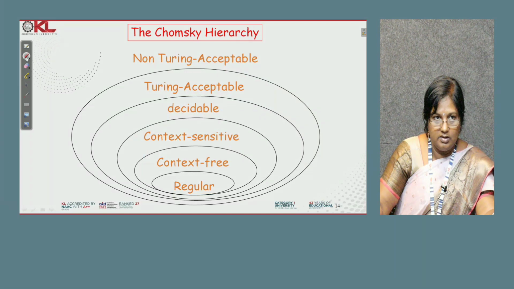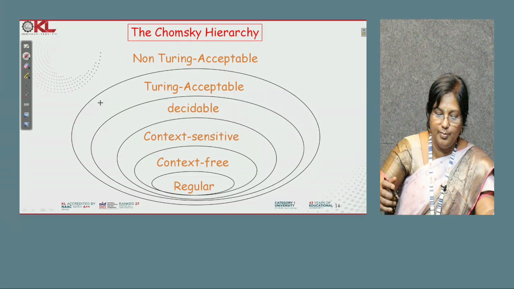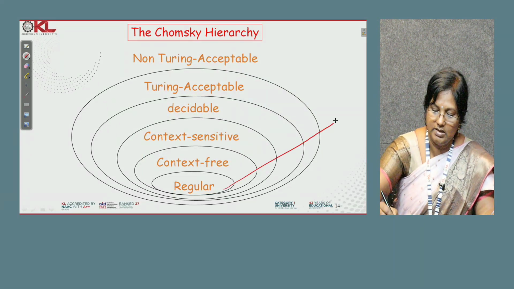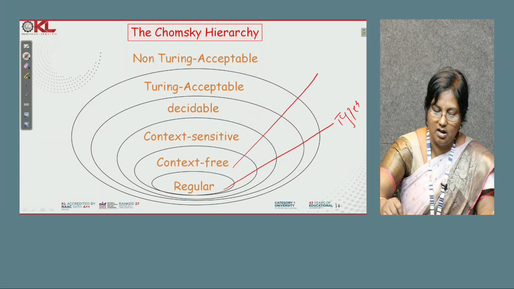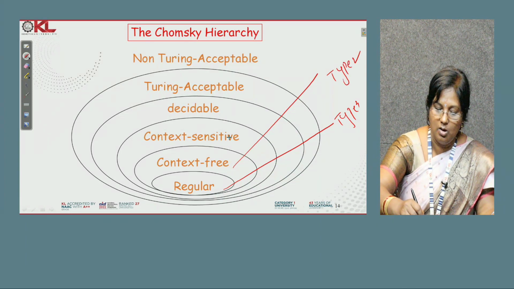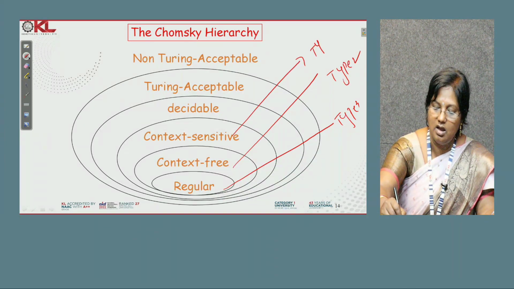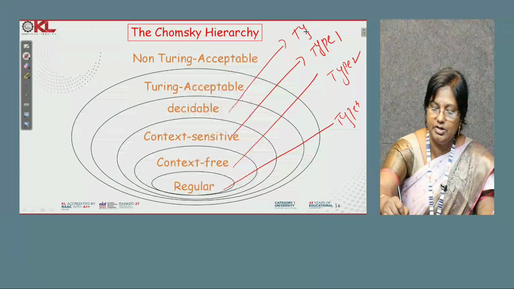If we take the grammar types, this is type 3 grammar, context free grammar is type 2 grammar, context sensitive grammar is type 1 grammar, and these are type 0 grammar.